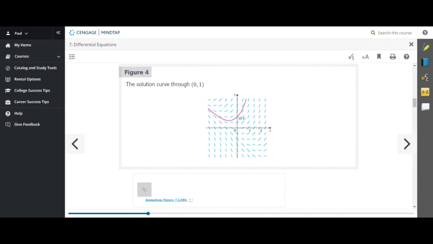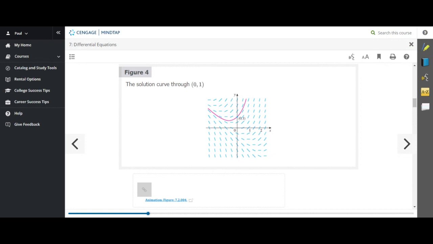The solution curve obeys the differential equation, and therefore it has to obey the slopes of the tangent lines to its points along the curve.